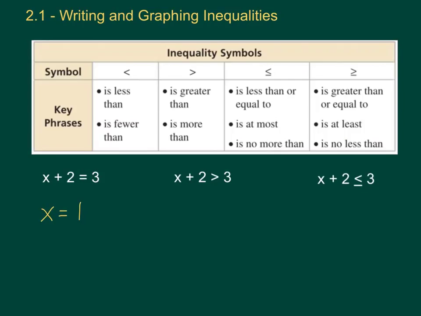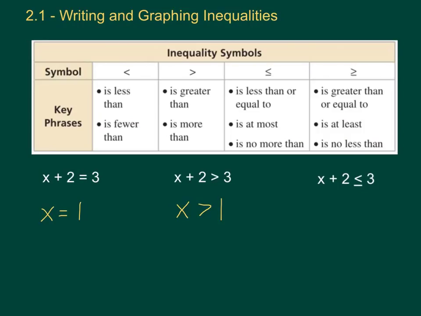So I can pick anything that's bigger than 1, because adding 1 to 2 just makes it exactly 3. Anything greater than 1 will make my original inequality true. 1, however, does not make it true. 1 plus 2 is 3, which is not greater than 3, so it doesn't work.